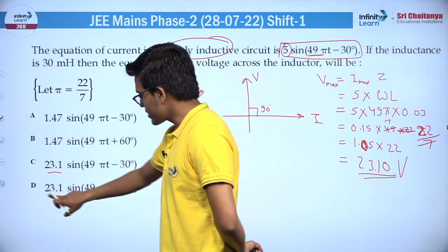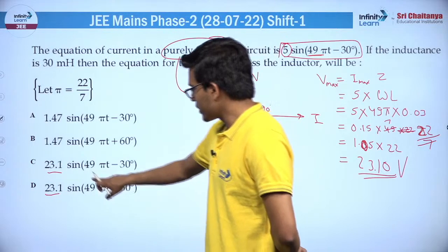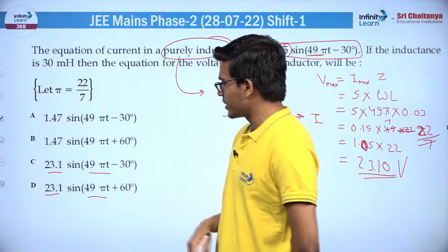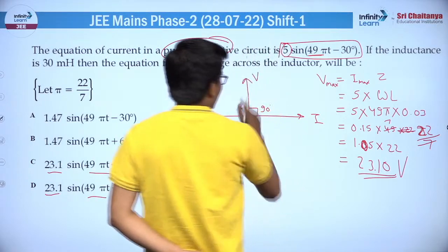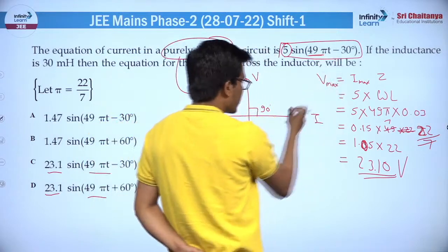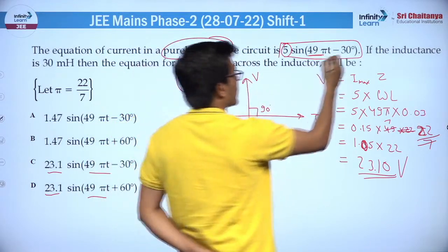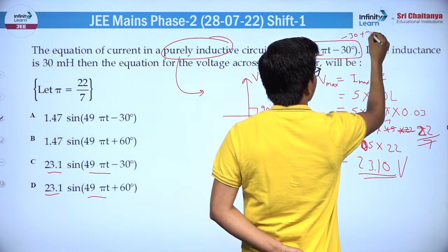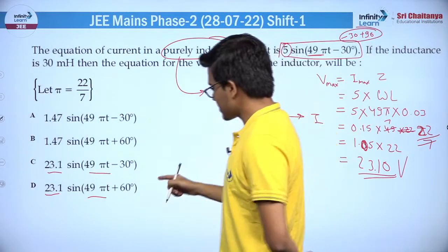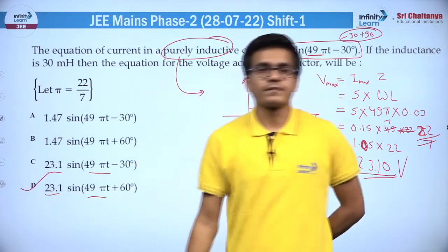That is given in options C and D. 49 pi t should be there, but the voltage should lead the current by 90 degrees. So minus 30 plus 90 will be plus 60. Plus 60 is given in option D, right?